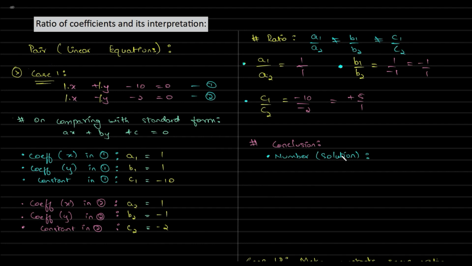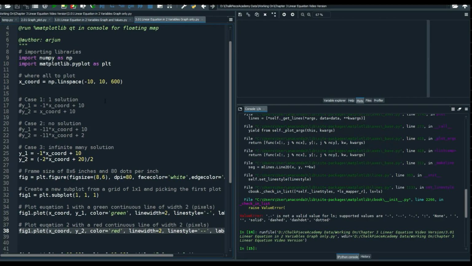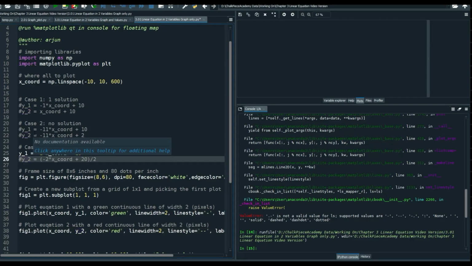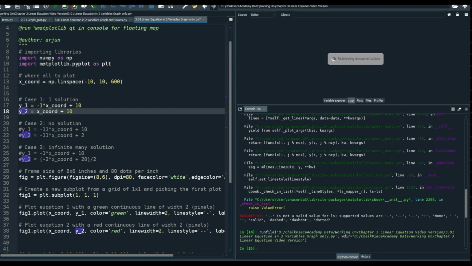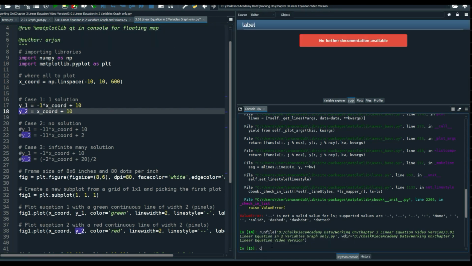So now let's look at the number of solutions for such a scenario wherein the ratios are not equal to each other. For that we need to generate our graph. We're not going to plot it, that is a different part altogether. So we are going to generate it. Okay, let me clear this.